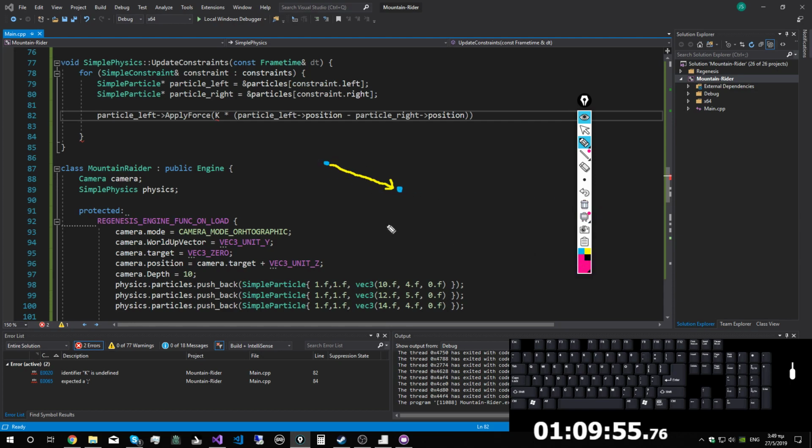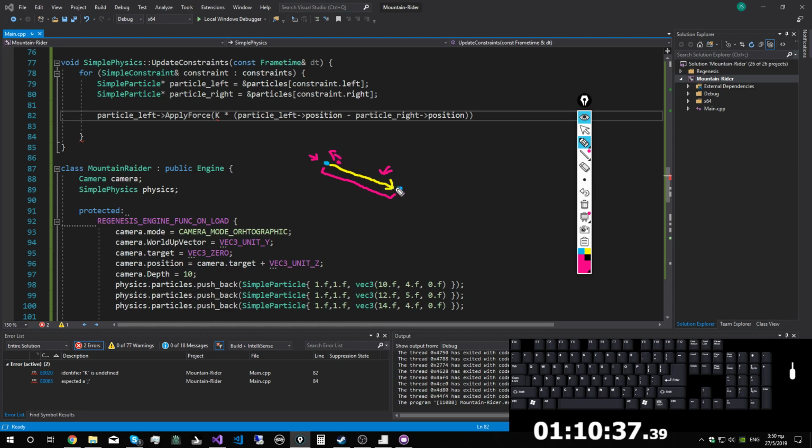We do need to have some distance between these two guys. Let's say like this. So we need to get that vector, minus the distance we need to keep, right? So if the particle is here, it's going to move towards this direction, and if it is here, it will move in the opposite direction.